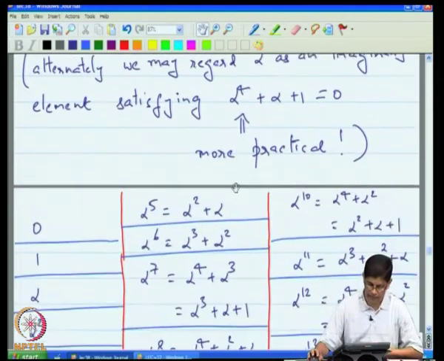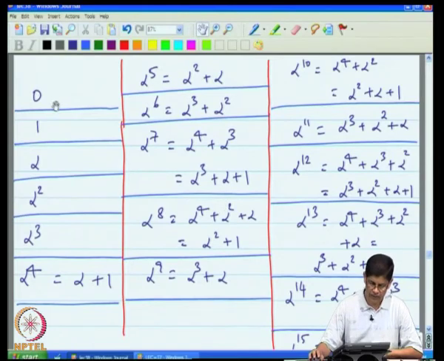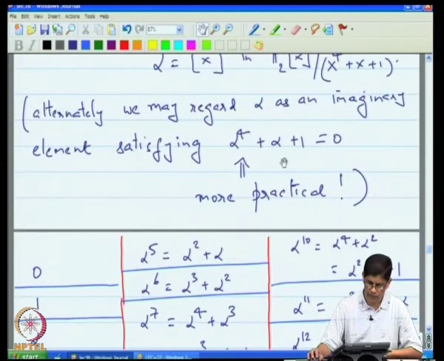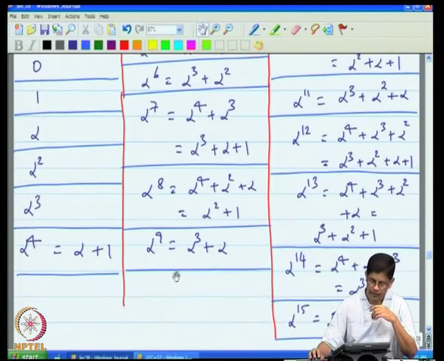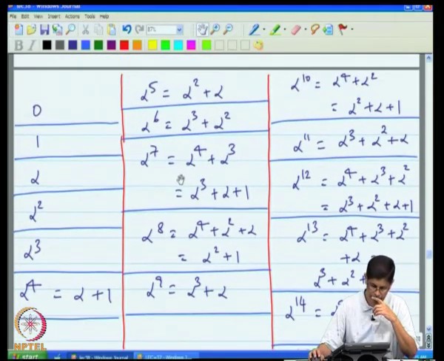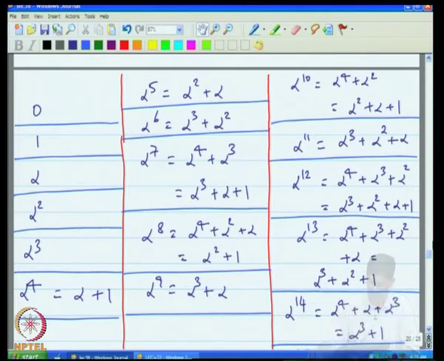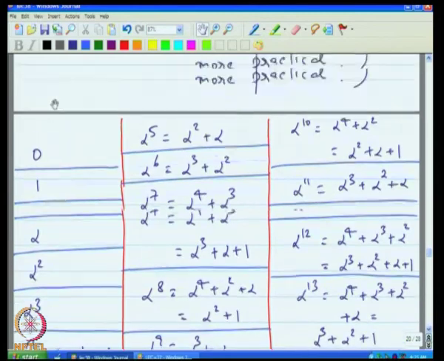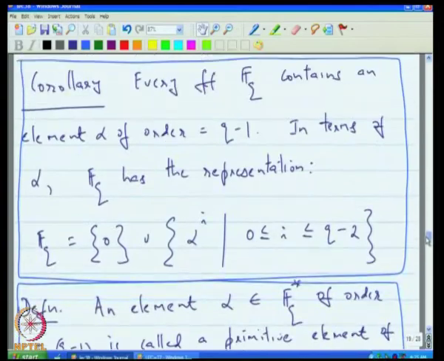This is more practical. So, here again is an example calculation. As you take the various powers of alpha, making use of this relationship, you find that you get all the distinct elements in the finite field, and not only that, you recover them under two representations. One representation is the one in which the non-zero elements are powers of alpha.